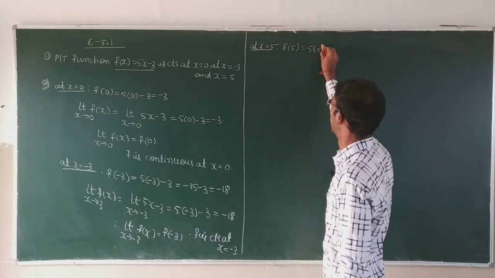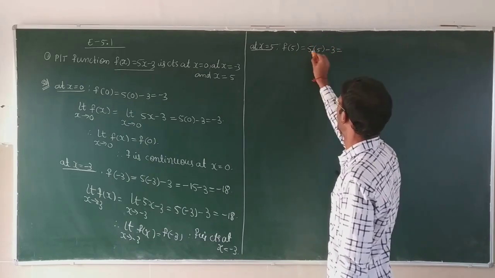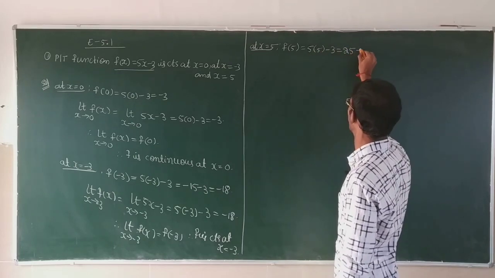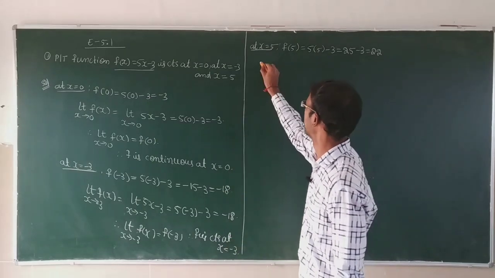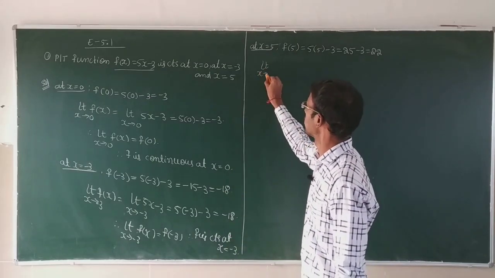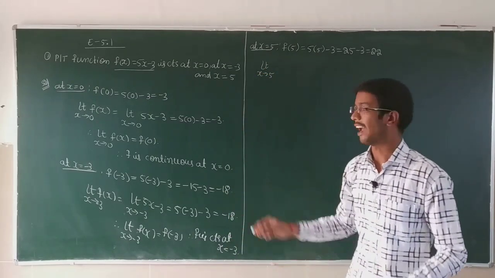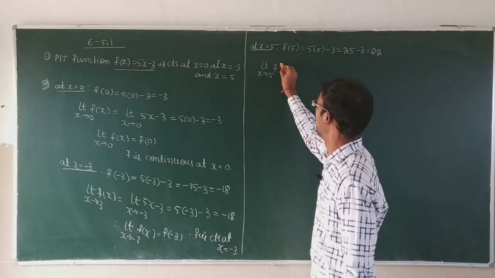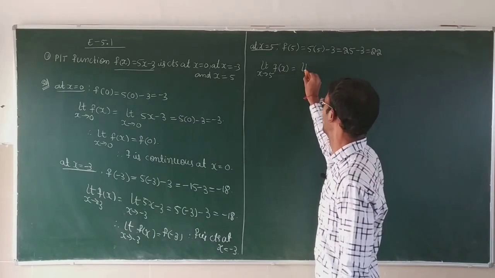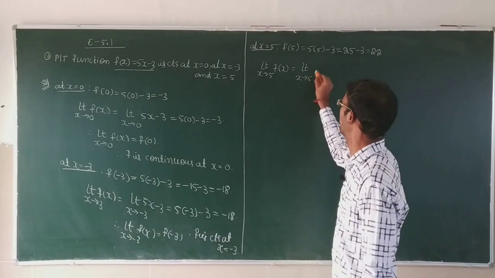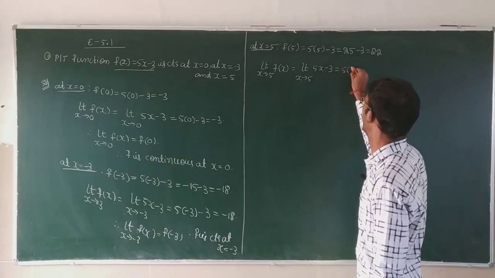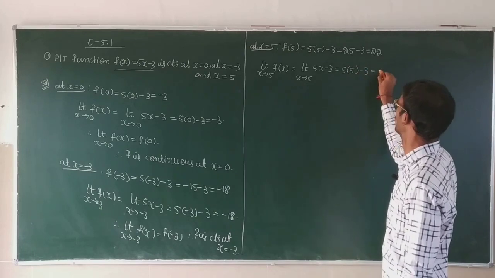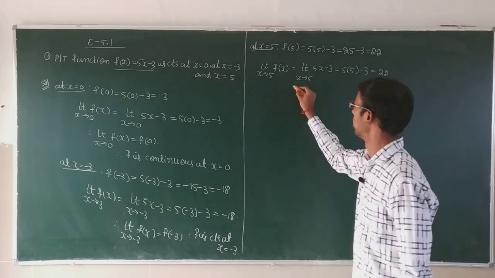x means 5 minus 3. 25 minus 3, that is equal to 22. Next, limit x tends to 5 of f of x. f of x is 5x minus 3. 5 into 5 minus 3, that is nothing but 22.